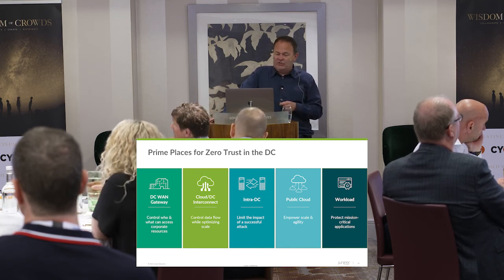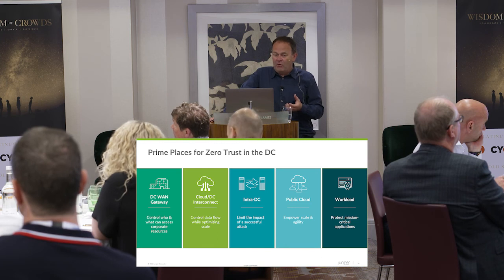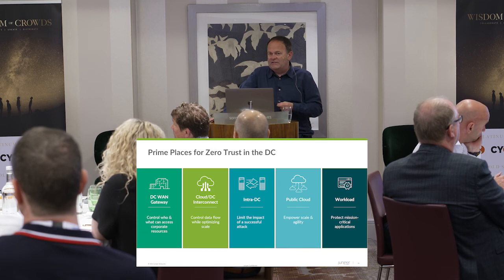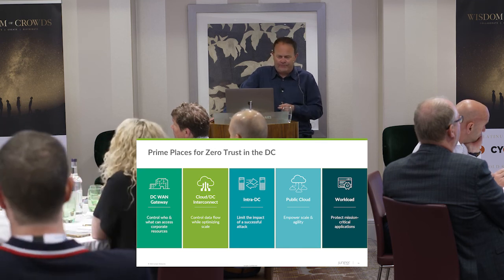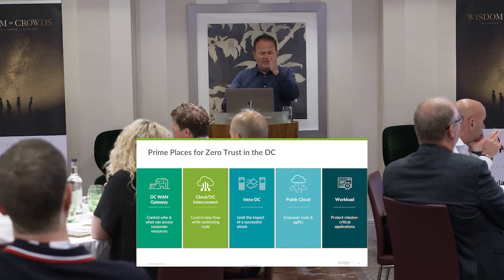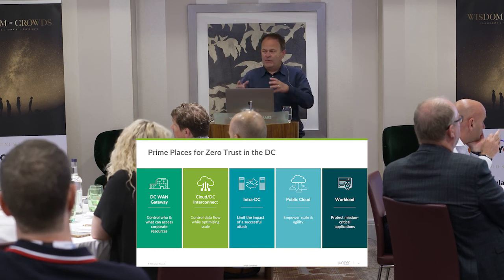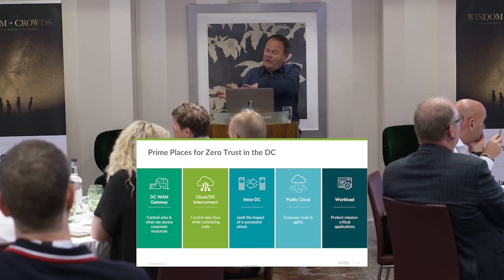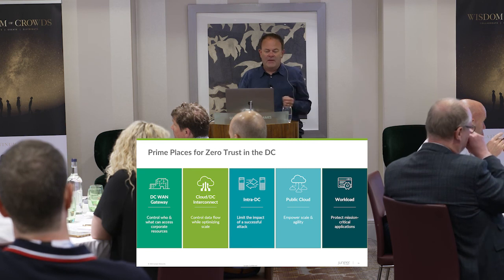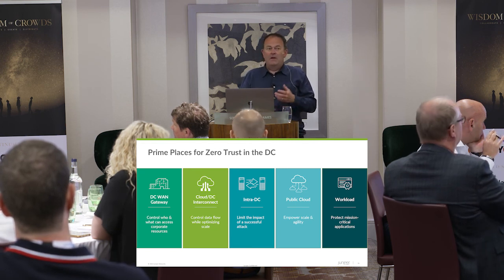Intra-data center connections. So if something does go wrong, if you've actually got zero trust in your environment, then you could very easily limit the impact of that attack, because you can very quickly segment out parts of the data center so the bit that's been impacted goes offline, the rest continues running, and hopefully people are less affected.